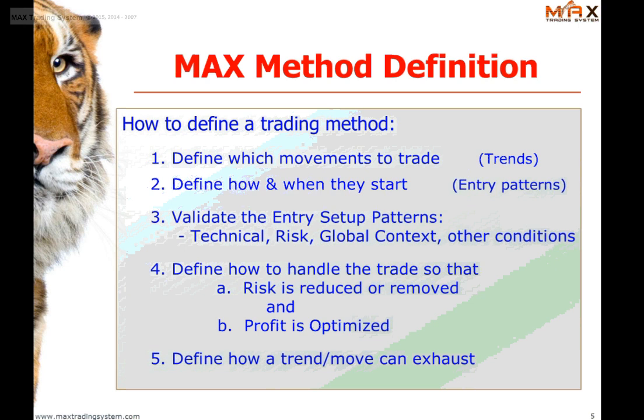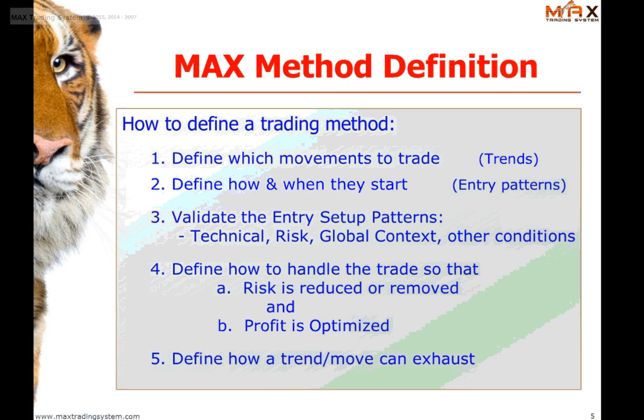And then, of course, we will have to define how to close the entire trade. And so we will have 2 types of mechanisms to close a trade. We will have partial close, and then we will have to consider a total close when we observe that the movement or the trend we are trading is exhausting.